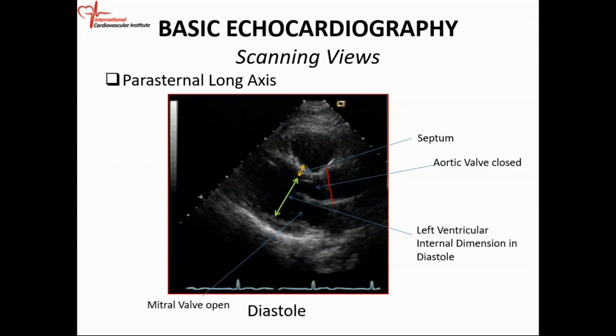When you measure the aortic root dimension, we can measure it at the sinus of Valsalva. That's where you have the outpouching, or you can measure it at the sinotubular junction.